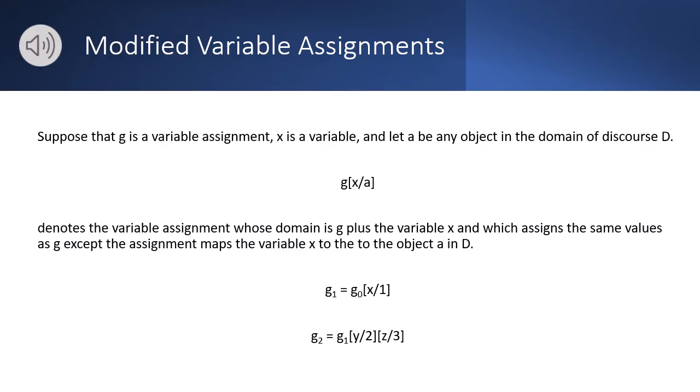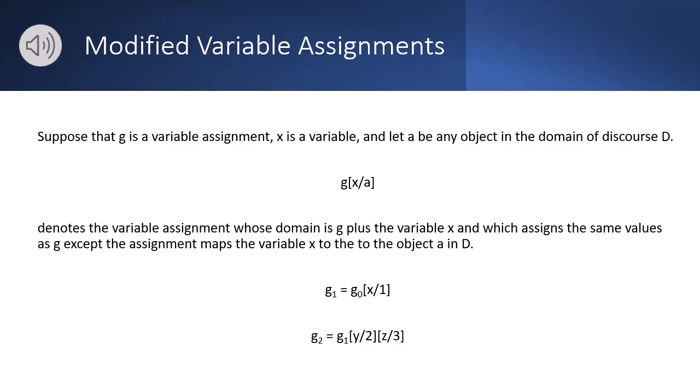And we'll be using this notation that you're seeing here, a G and then a bracket X / A and then a close bracket, to denote a new variable assignment whose domain is exactly the same as G, plus the variable X. So we're throwing X into the domain of G, and it assigns exactly the same values as G, except that the assignment now maps the variable X to this new element A inside the domain of discourse.